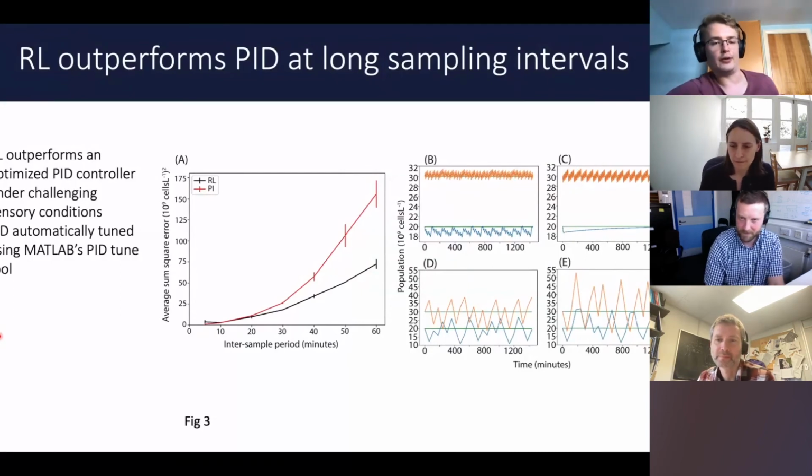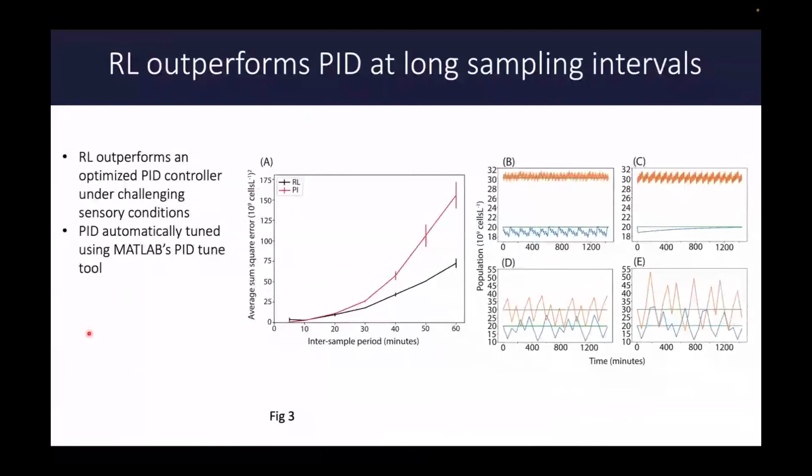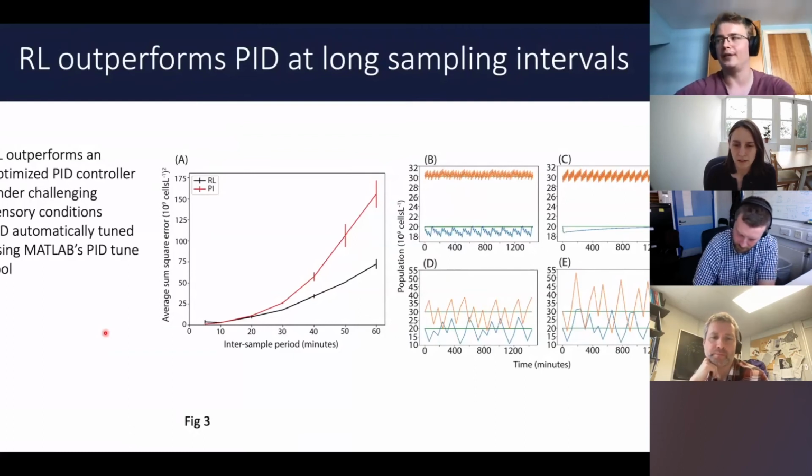Yeah. So it was proportional integral control, not PID, as it says up there. Basically we investigated the effect of the intersample period on both of these control methods. To get the PIs, I basically used MATLAB's automated PI tuning toolbox as much as possible, so I can be accused of basically just making a bad PI, if that makes sense.